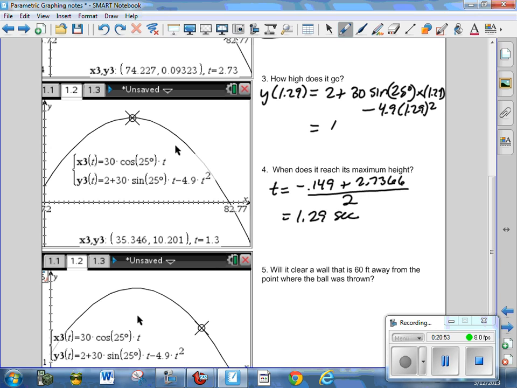And that got us 10.2 meters. So you can see that verifies what we got when we traced here. So you can see at about 1.3 seconds, we're about at 10.2.